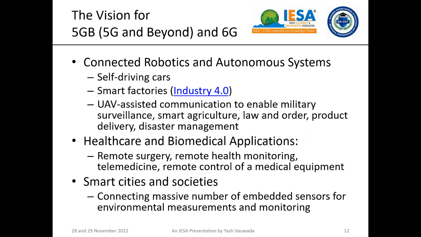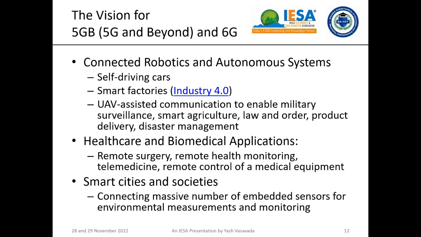Continuing on in terms of the futuristic vision, connected robotics and autonomous systems. They include, for example, self-driving cars, smart factories, which are envisioned as part of Industry 4.0 framework, and UAV-assisted communication to enable military surveillance, smart agriculture, law and order type of surveillance, product delivery, disaster management.